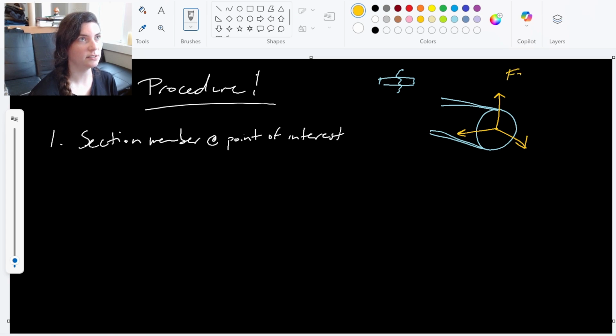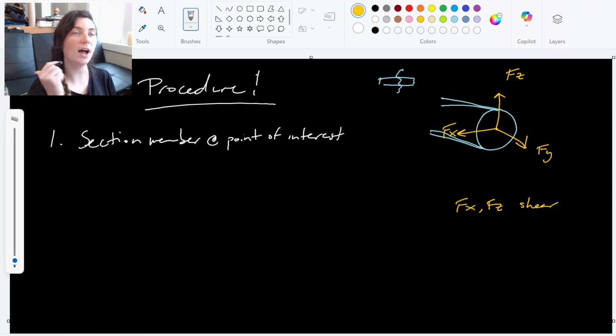I'm going to call these FZ, FY, FX, and this is labeled just kind of arbitrarily to talk about it, where the shear forces that we would be seeing would be your Z and X here. So FX and FZ, those would be shear forces.